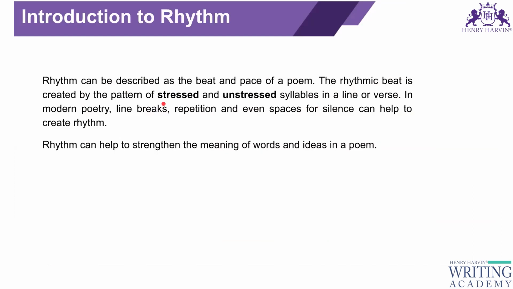Whenever I am stressing on a particular syllable and it comes out with a sound, that is your rhythm. That is why most of the poems or songs have similar sounding words with similar syllables, so that even if we are not speaking the poem aloud, even if we are reading it in our mind, we still read it with a particular rhythm.